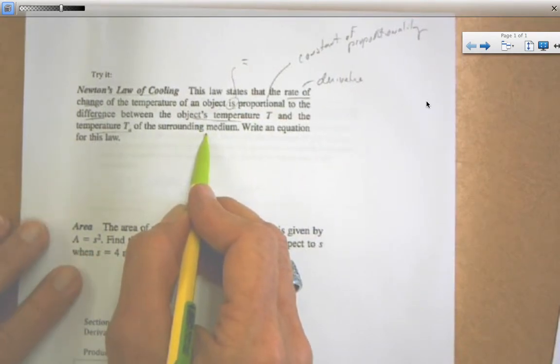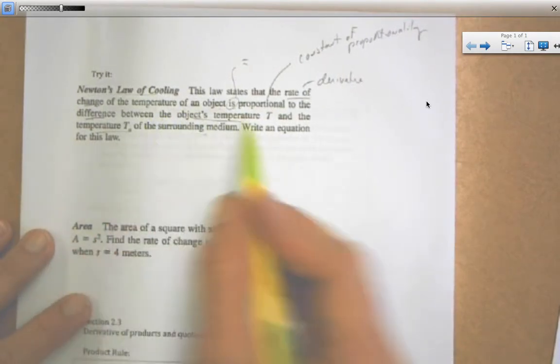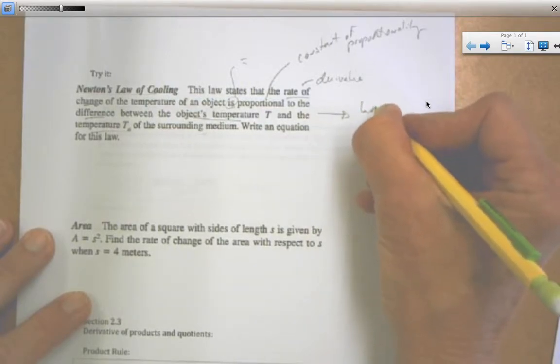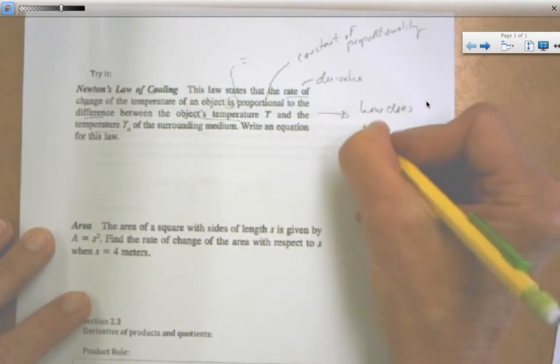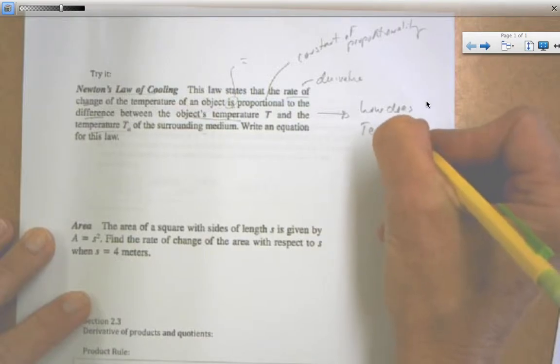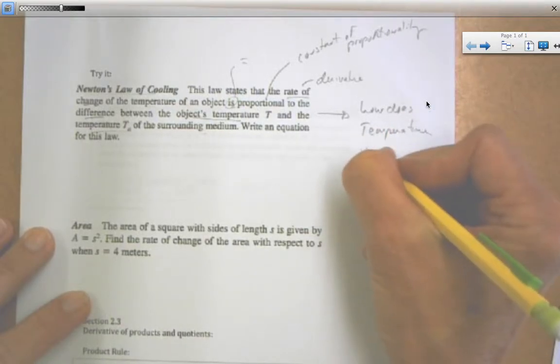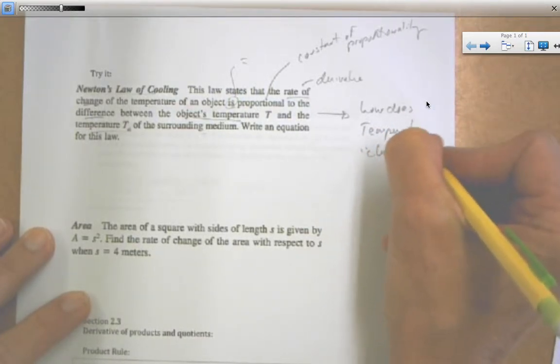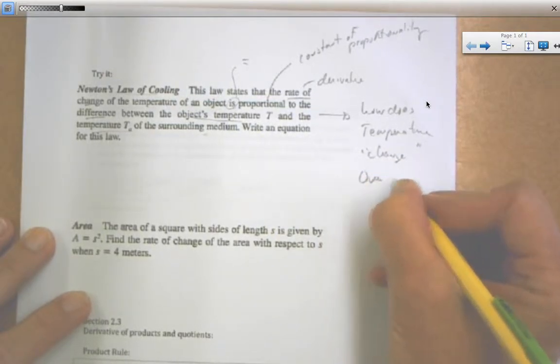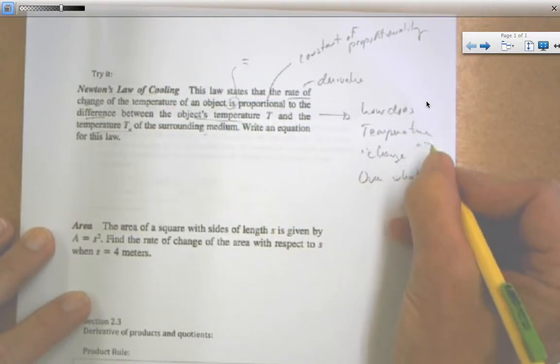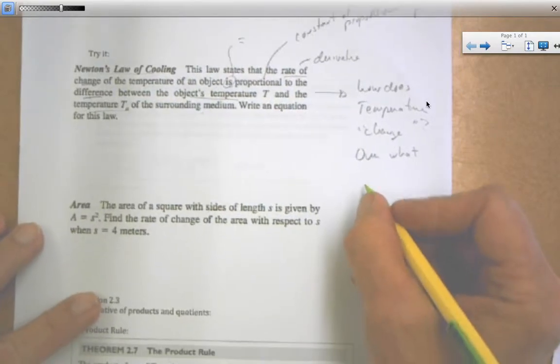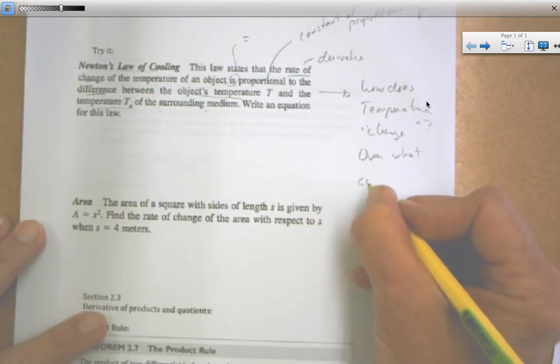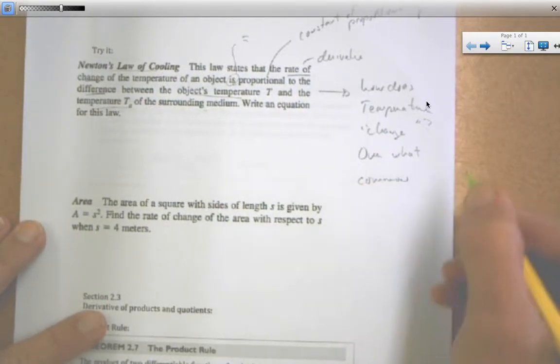Okay. Now then, first of all, we've got to ask a question. How does temperature change over what common interval?